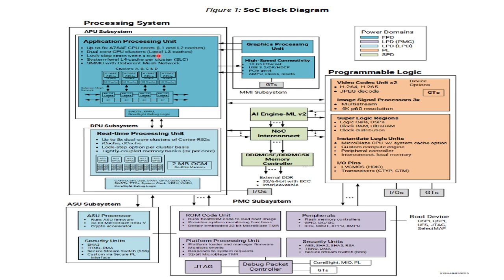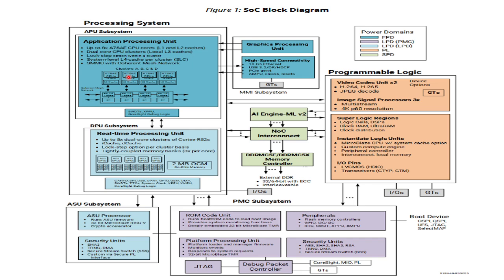Dual core CPU clusters. Yes, one cluster has two cores inside of it with local L3 caches. As we can see, yes, L3 cache is close to the A78.